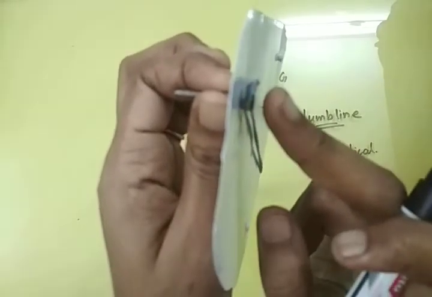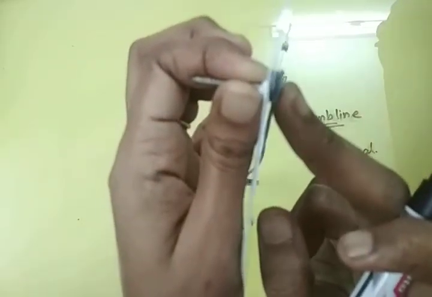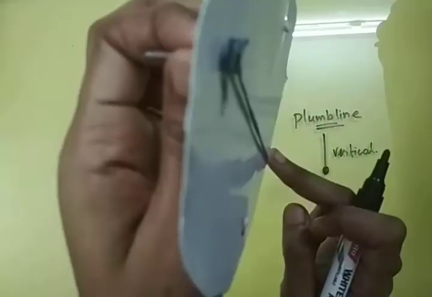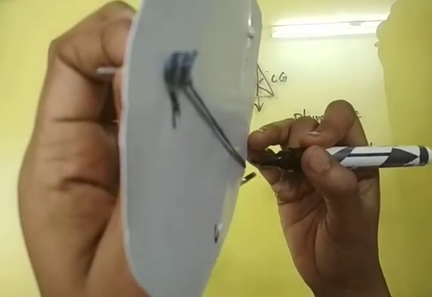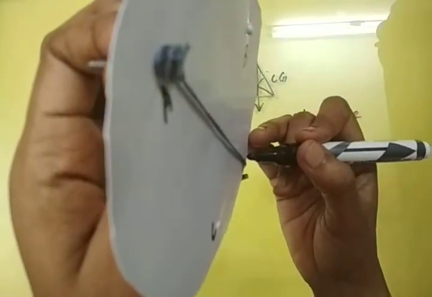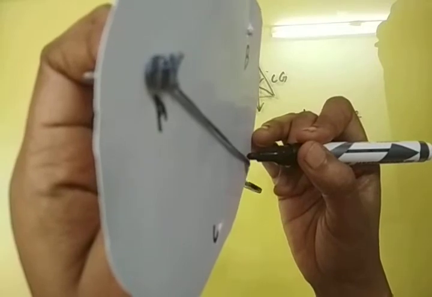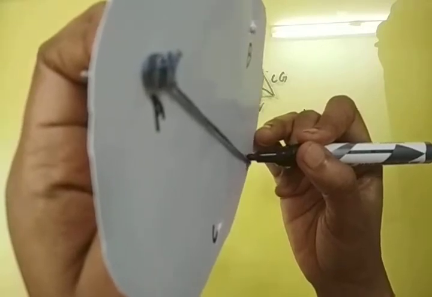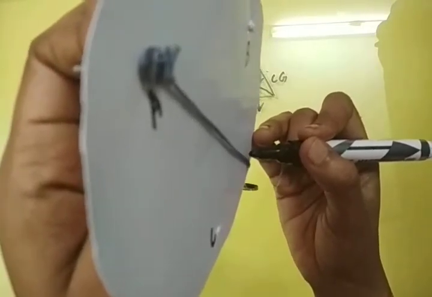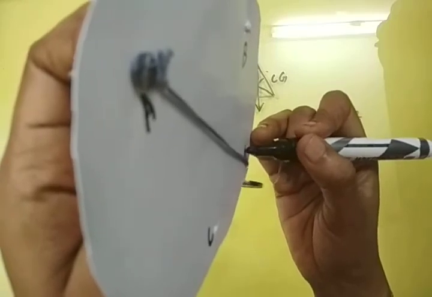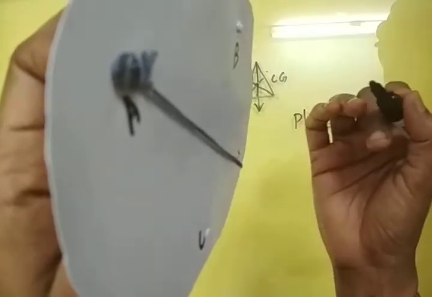So I am suspending the plumb line from this point A, hole A, which is held in the pin. I am going to mark the position of the plumb line on this surface. Since I cannot mark it with one hand, I am just marking its position like this. Let us label that as X for us to have a reference later.